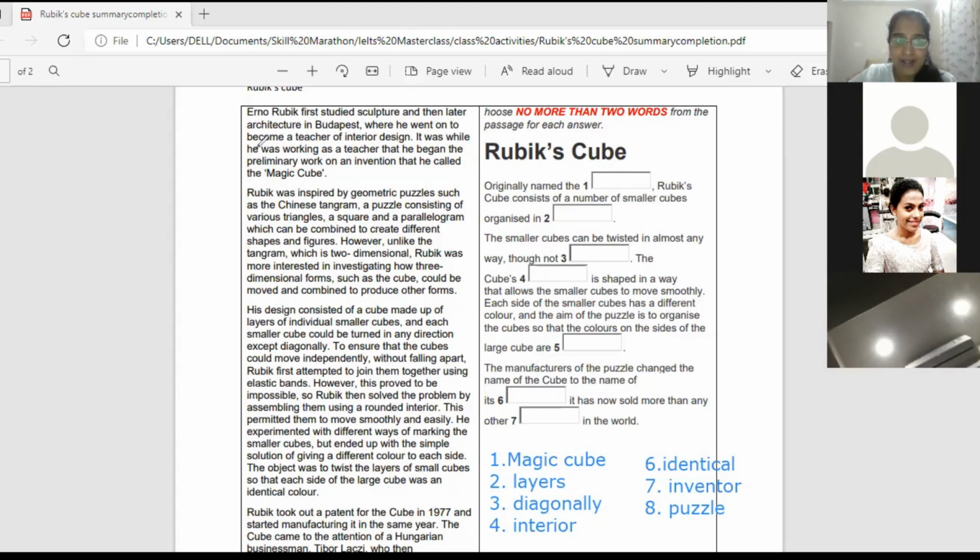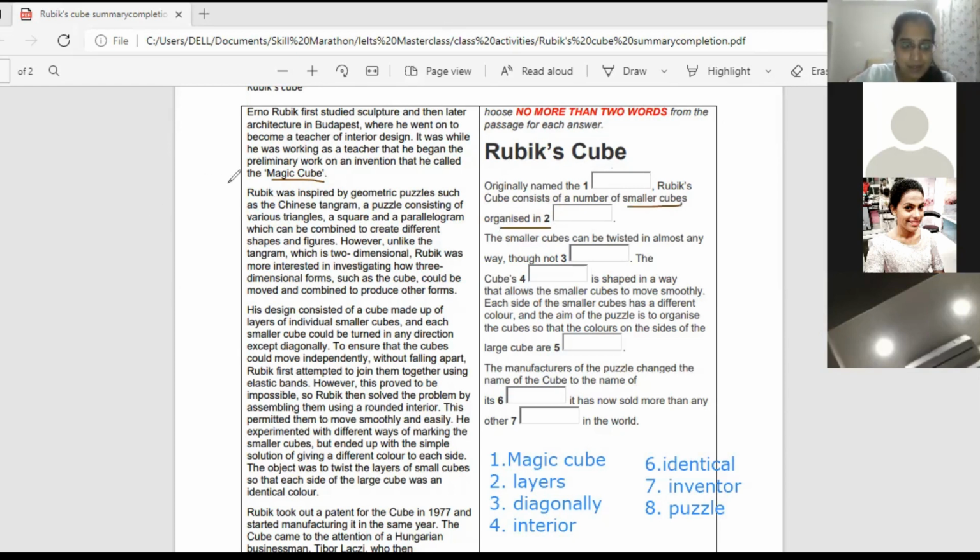So the first paragraph talks about who invented the Rubik's Cube, and it's clearly mentioned here what it was called. Originally named the Magic Cube, Rubik's Cube consists of a number of smaller cubes organized in.